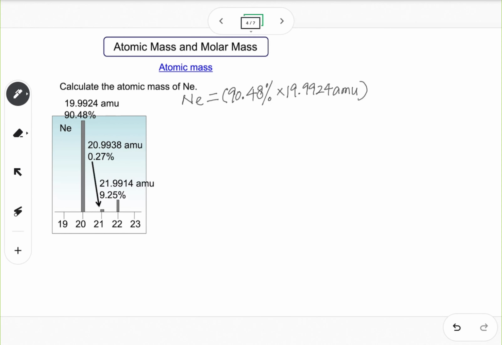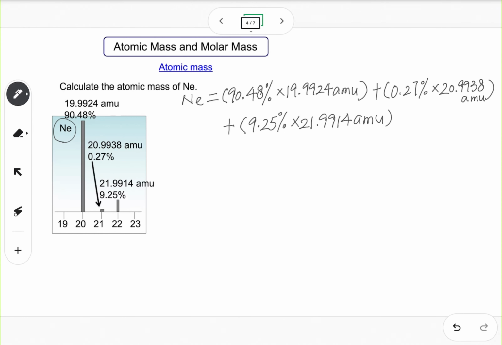This is isotope 1, plus isotope number 2, natural abundance 0.27%, times 20.9938 AMU. Now this element has 3 isotopes, so we have the third part, which is 9.25% times 21.9914 AMU. So this is the equation.